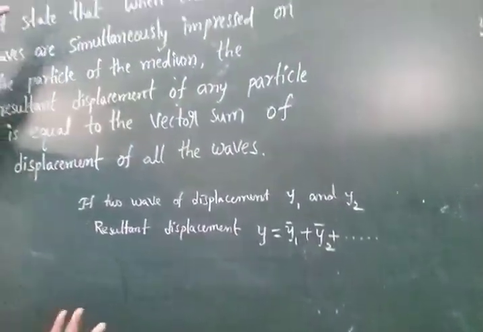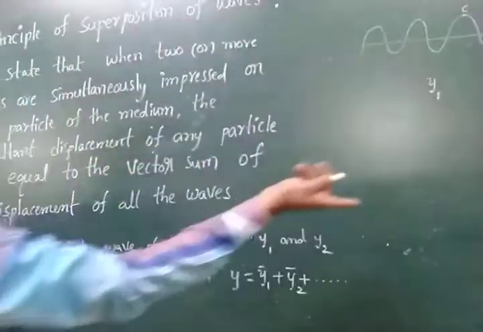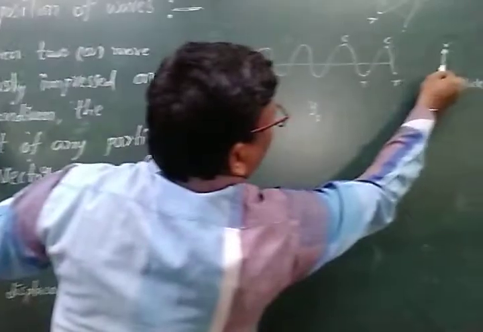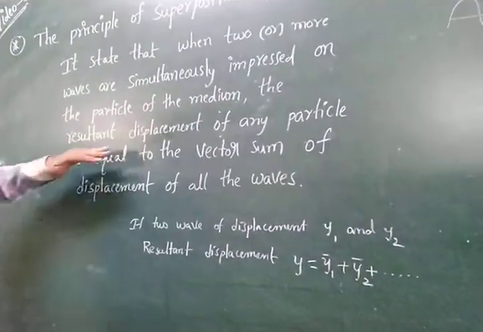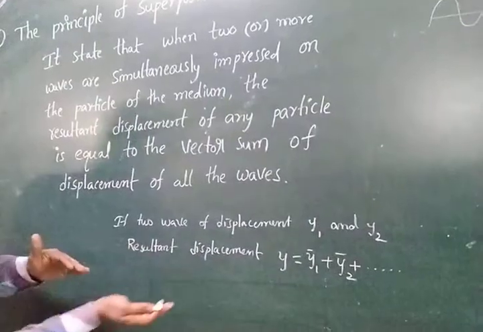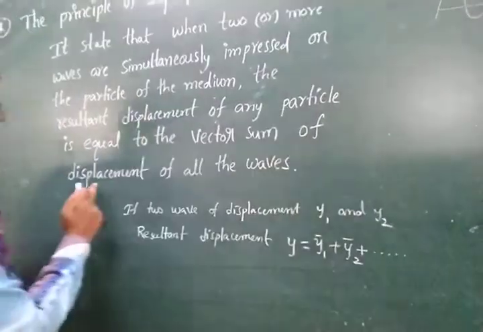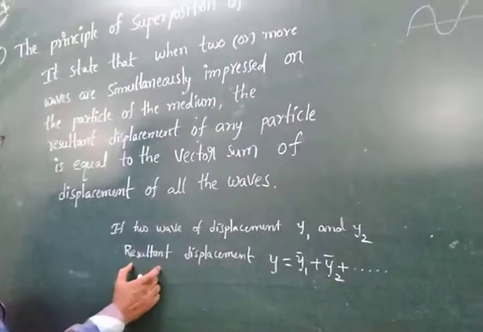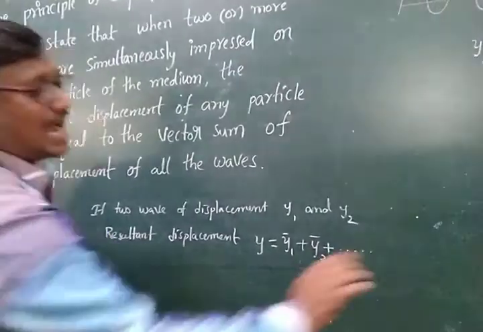What is the principle of superposition? It states that when two or more waves are simultaneously impressed on a particle, that is, act on the particle of the medium, the resultant displacement of any particle is equal to the vector sum of the displacements of all waves. That is, the resultant displacement y is equal to y1 plus y2 plus and so on.